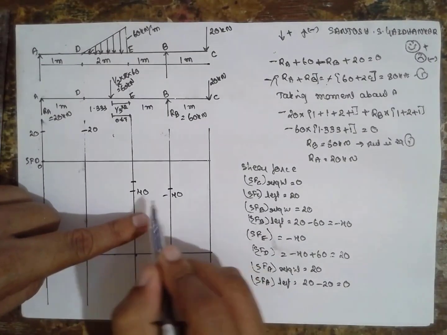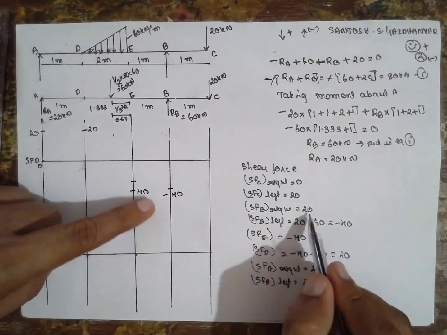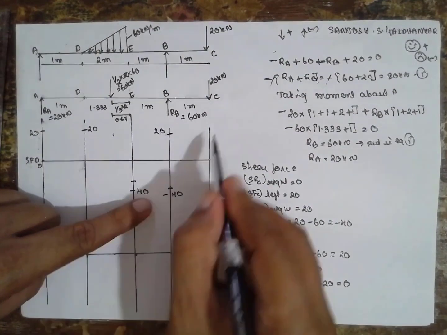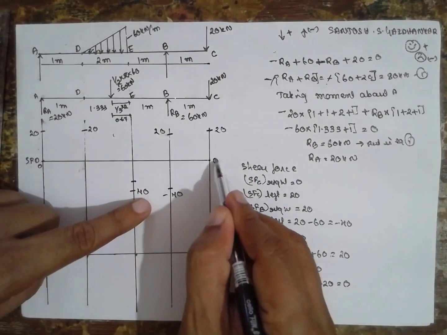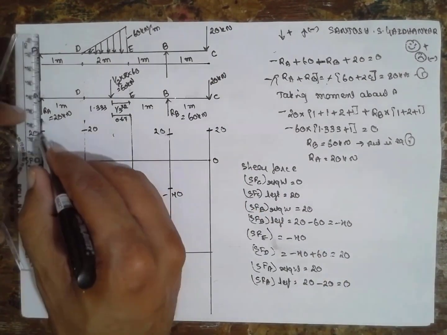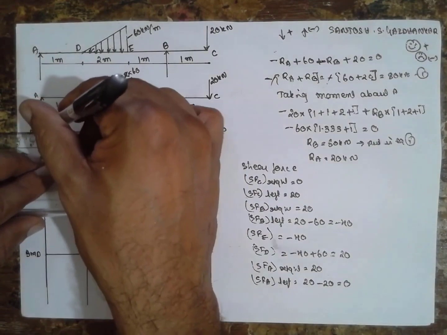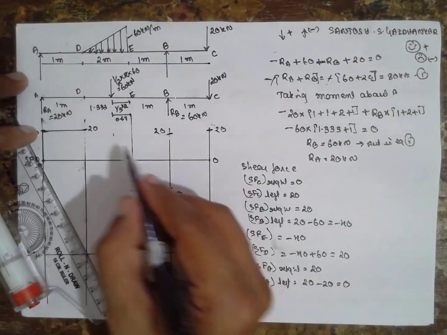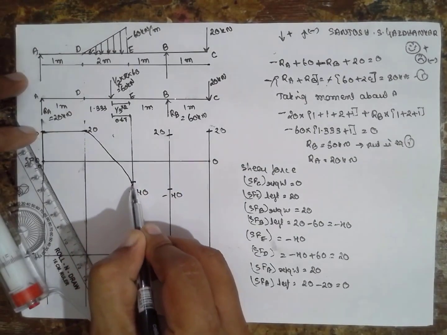Next on the B it is positive 20, again 20 here, then 0. Now draw. This is a straight line. Now here, because of the UVL, it is a parabola.